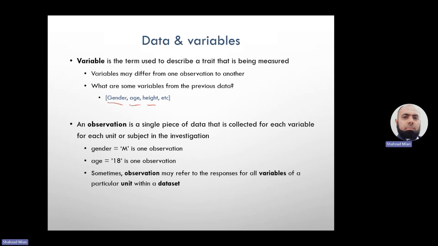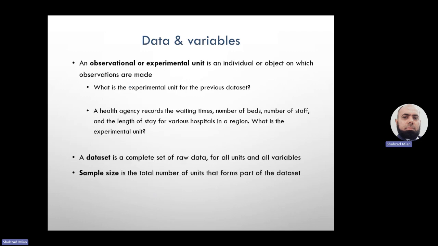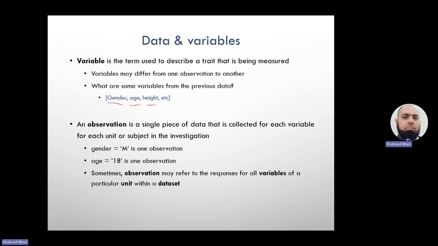Our next point is on the observational or experimental unit. It's an individual or object on which observations are made. Let's take the example of the experimental unit for the previous data set. The information given to us is about people or subjects.